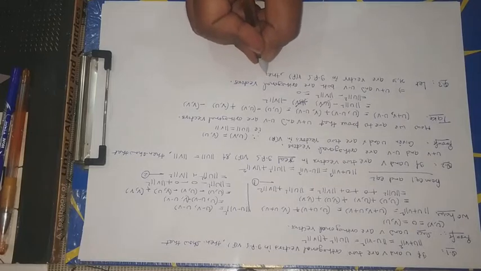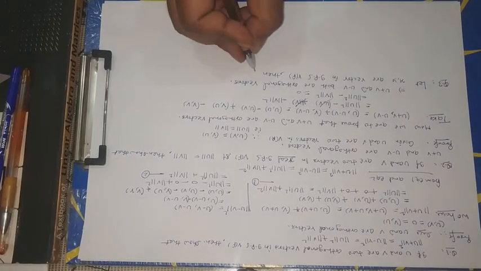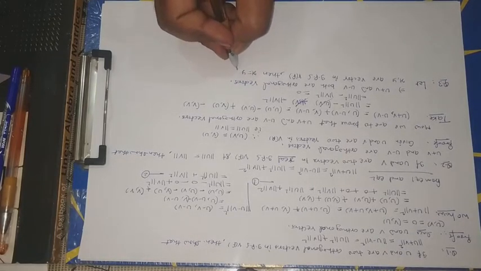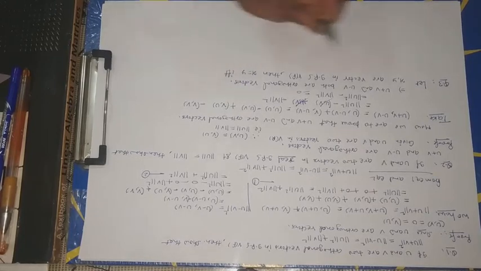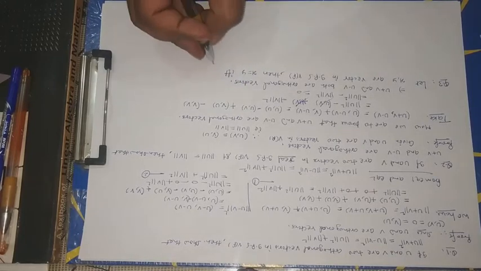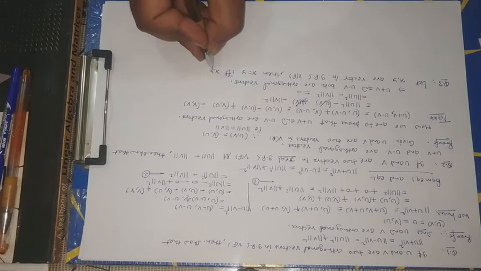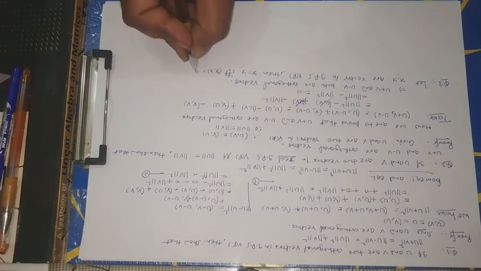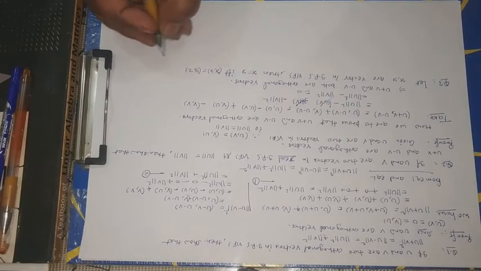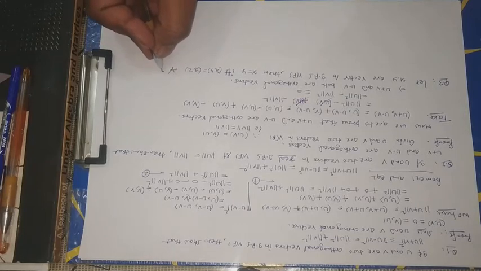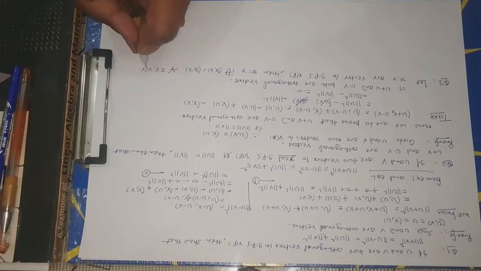Then x is equal to y if and only if the inner product of x with z is equal to the inner product of y with z for every z belonging to V(F).